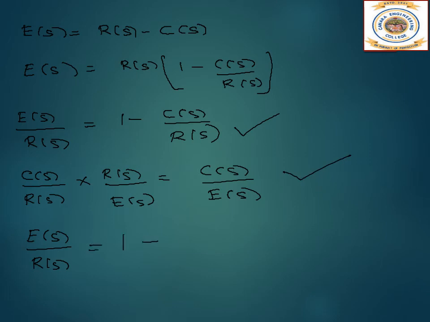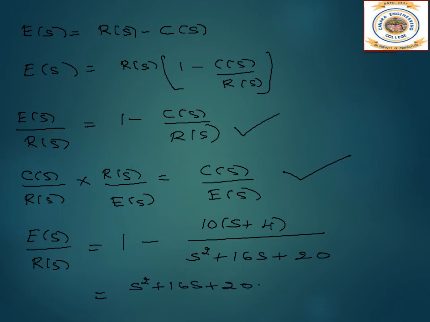So 1 minus C of s by R of s, we just got 10 into s plus 4 divided by s square plus 16s plus 20. So we get this as s square plus 16s plus 20 minus 10s minus 40 whole divided by s square plus 16s plus 20. So we have to just subtract over here.